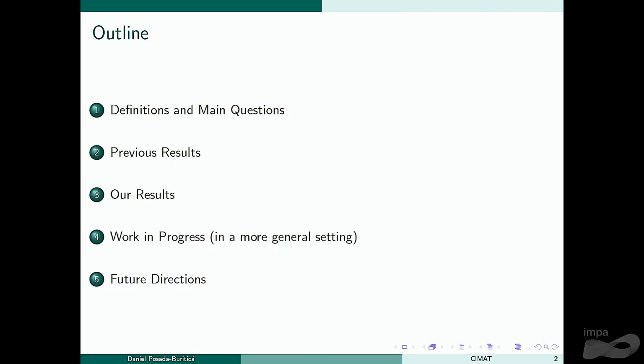Next, I will present our results and the relation with the Poincaré problem. Next, I will present a work in progress at this moment about results in a more general setting. To finish with future directions or works.